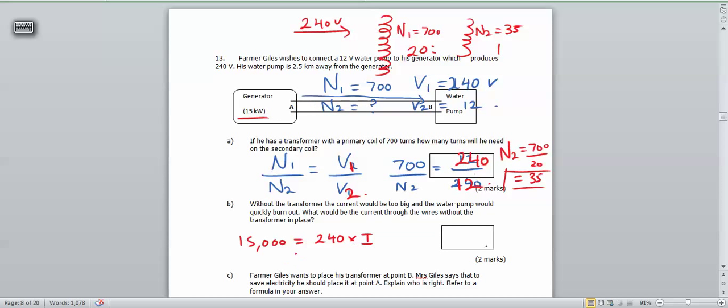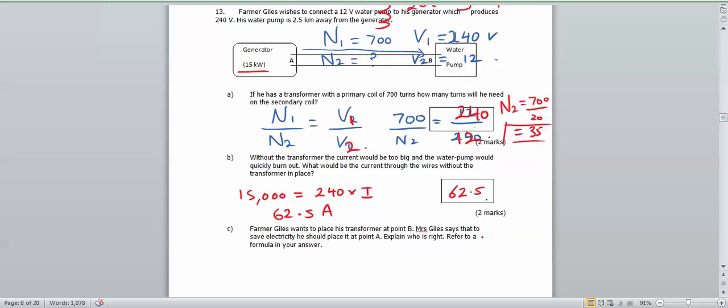Which is equal to, wow, 62.5 amps. So what happens is that the voltage is stepped down by a factor of 20, so if he doesn't step that voltage down, then the current is going to be 62.5 amps.